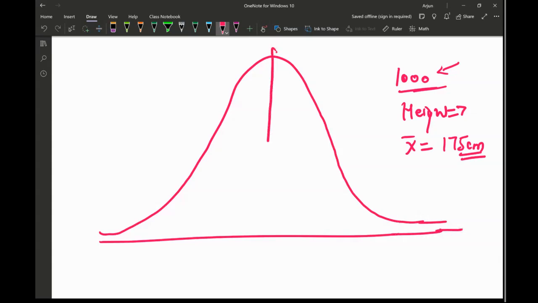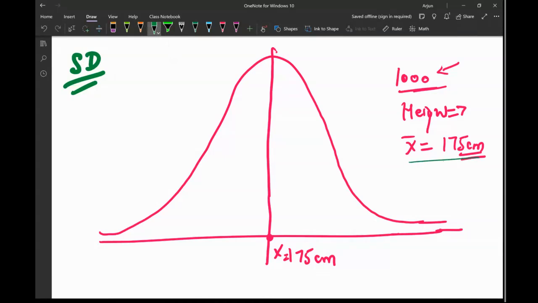So the average height is 175 centimeters. So the X bar value will be 175 centimeters. That's the mean value. In the last class, we talked about the standard deviation also. So I'm going to again take an assumption of the standard deviation. Let's say the standard deviation came out to be 3.